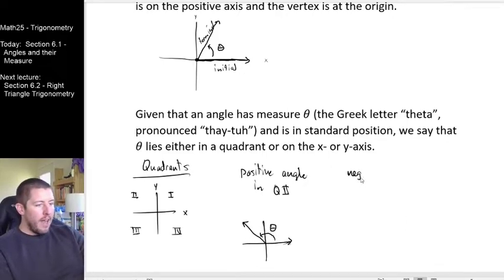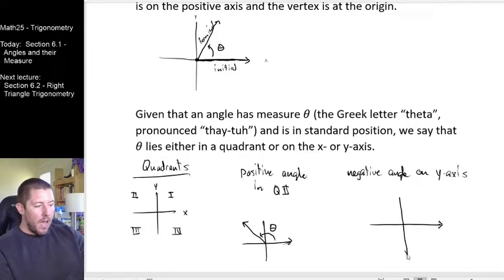We could also have a negative angle on the y-axis, maybe. Again, I'm just giving some examples. An example of a negative angle on the y-axis might be, again, I'm going to put my angle in its standard position, so it's on the positive x-axis for the initial side.